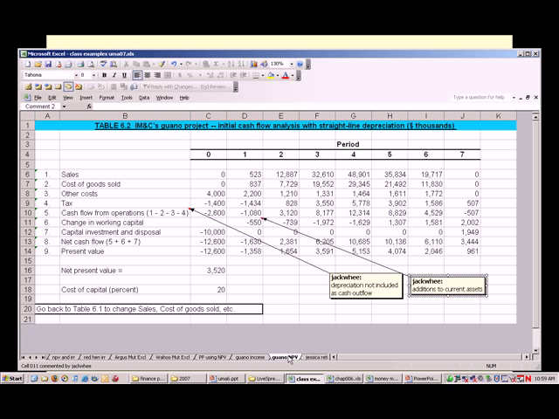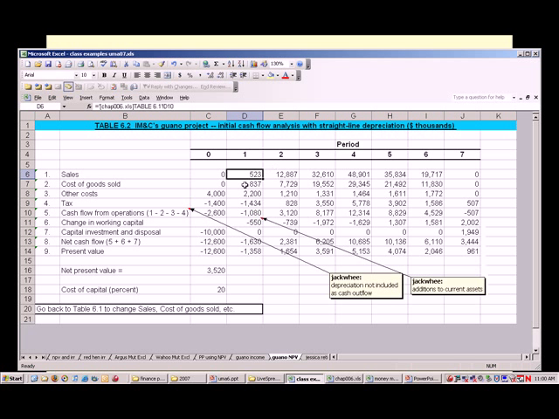The second table from Chapter 2 in the text is Table 6.2, where we convert the numbers from the income statement into net cash flow. So let's look at year one again. We have our sales of $523,000.